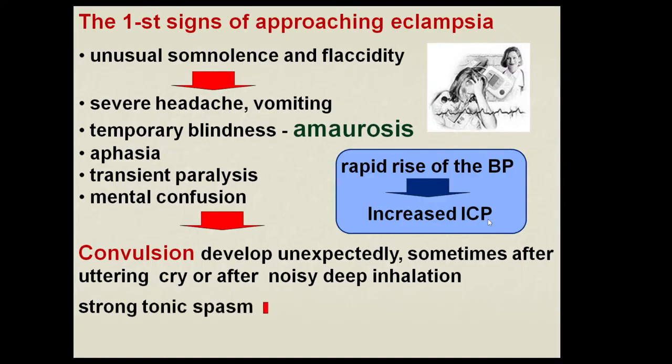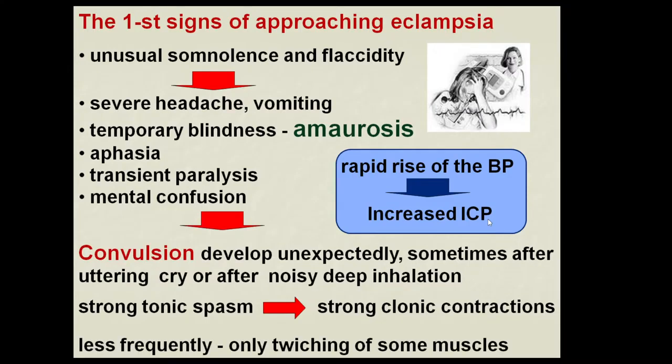And we see strong tonic spasm of peripheral muscles, which then transforms into clonic contraction of peripheral muscles, less frequently only twitching of some muscles. Usually convulsions resemble attacks of epilepsy, and first of all, the patient may be assessed as an epileptic patient.